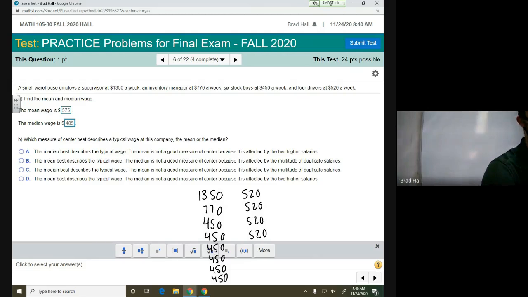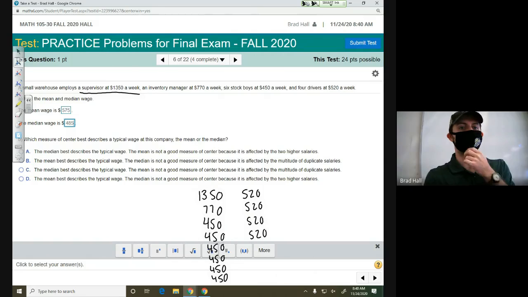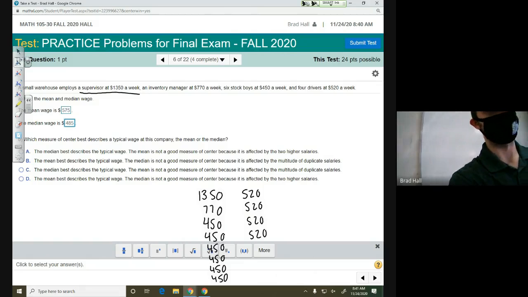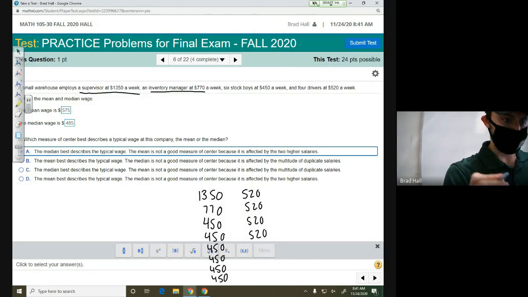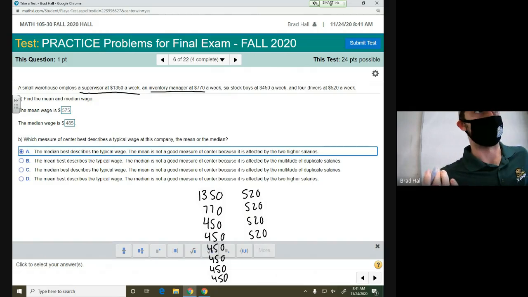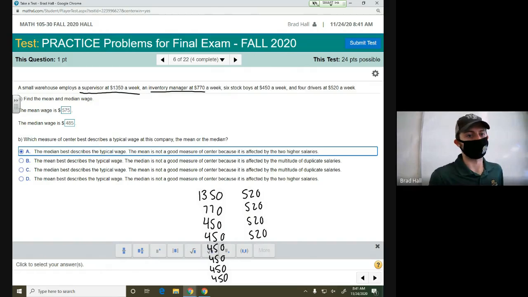So what's the outlier? Here, the supervisor makes a lot more money than everybody else. So that supervisor's weekly earnings is an outlier. In fact, they also consider the inventory manager's salary an outlier as well in the descriptions. So I'm going to select answer choice A. The mean is not a good measure because it's affected by the two higher salaries. That's the two outliers here.